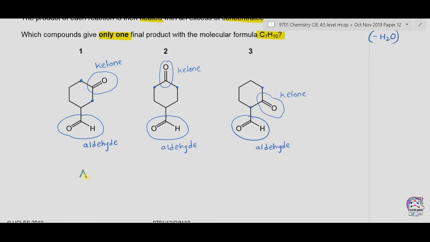Now as a general reaction we know that an aldehyde reduces into a primary alcohol, and when dehydration of a primary alcohol occurs, it forms an alkene.